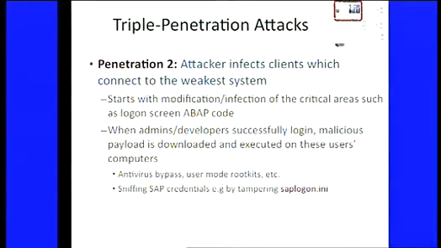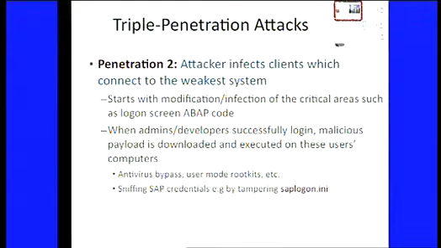The second penetration is what I showed with the Pamela user, okay? The attacker writes some code, and when the clients connect to those systems, and since it's ABAP and he has the complete business logic, he can say only the managers, only this business role, only the users in France. And this is possible.